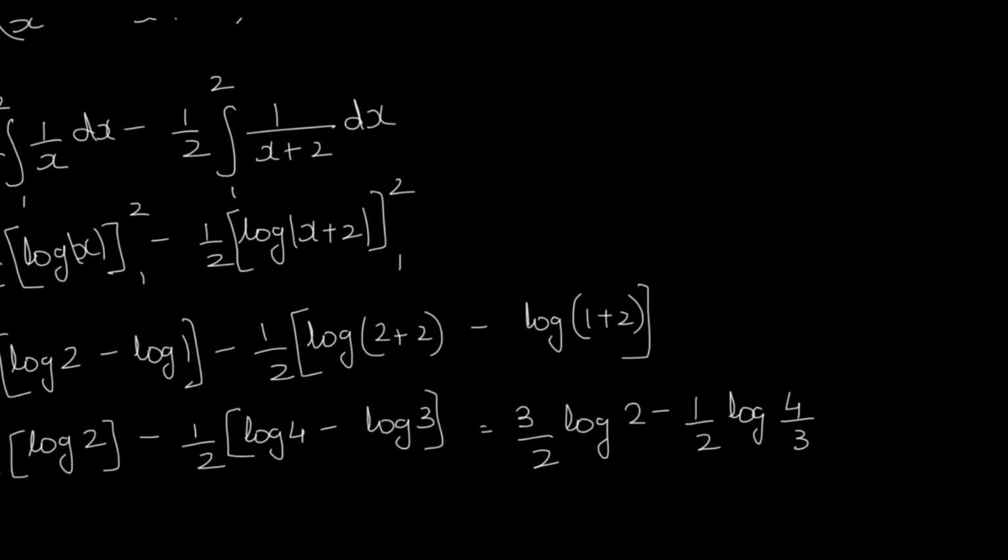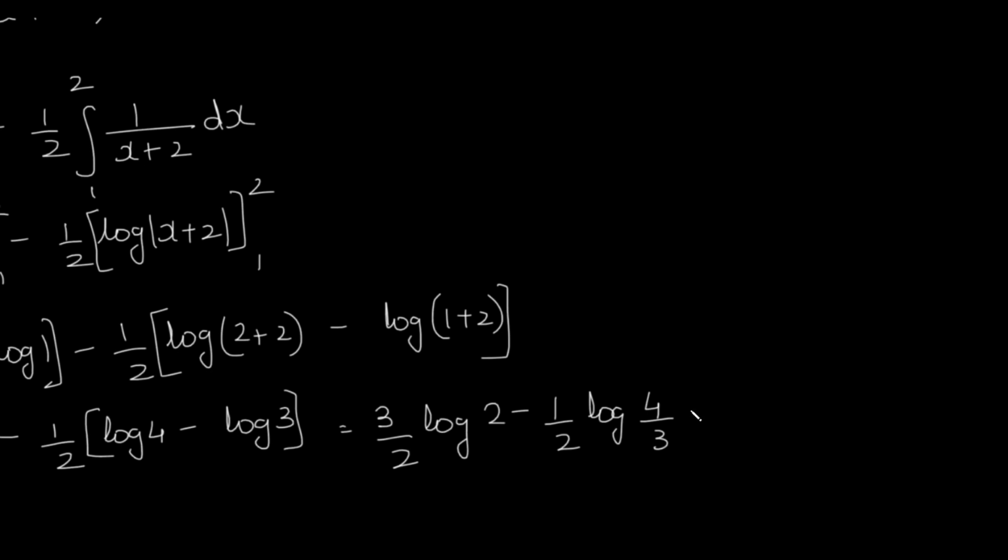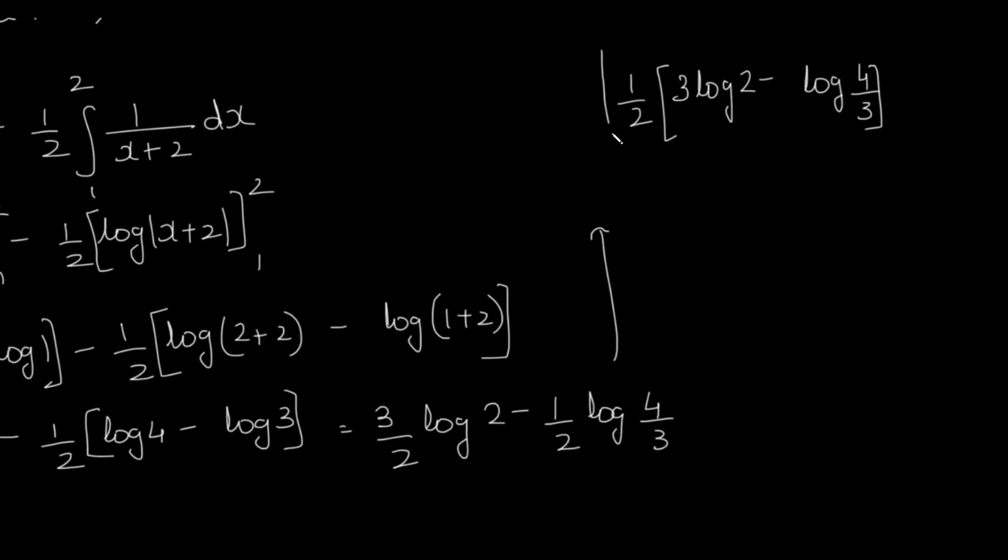Okay, now just observe what is being done over here. Let me write it up over here. Now this term can be written with 1 upon 2 taken outside common, and we get 3 log 2 minus log 4 upon 3. Just to get the answer which they have given in the textbook, all these steps are being done.